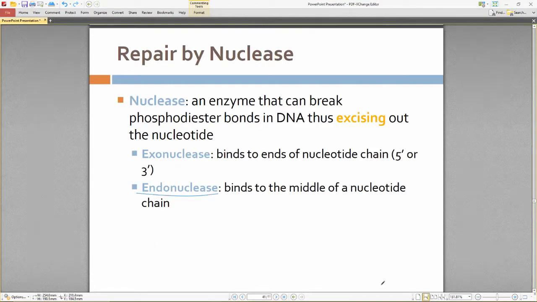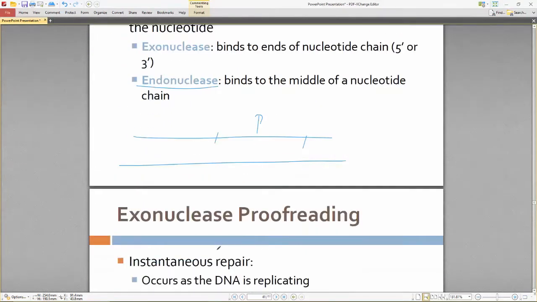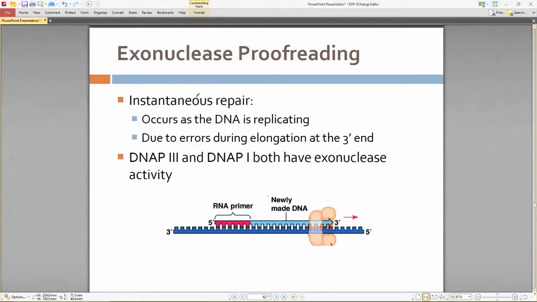It can basically cut off this last nucleotide and then replace it, just to go back and correct its own mistake. An endonuclease can bind to the middle of a nucleotide chain. So let's say you have a DNA, it can bind to the middle of it and cut things out.